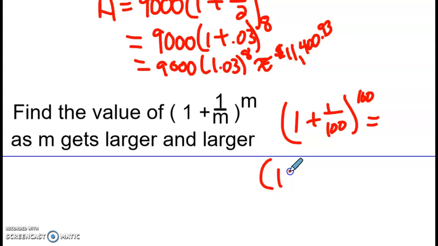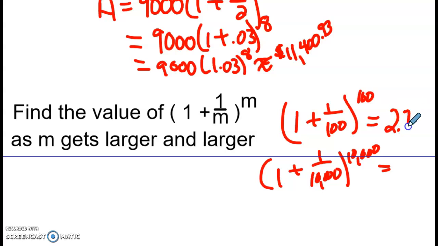See what you get when it's 1 plus 1 over 10,000, to the 10,000th. As M gets bigger and bigger, you'll notice you get this number that's like 2.71 something, and it just keeps getting closer and closer.